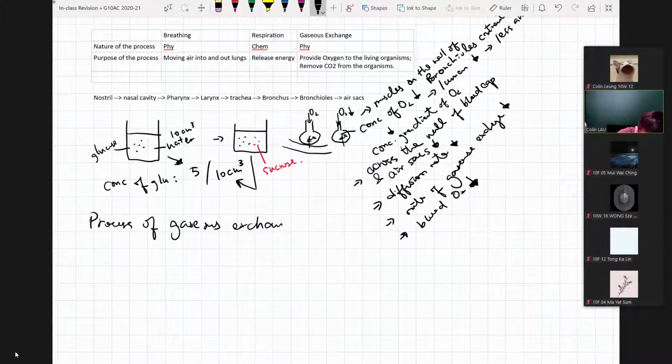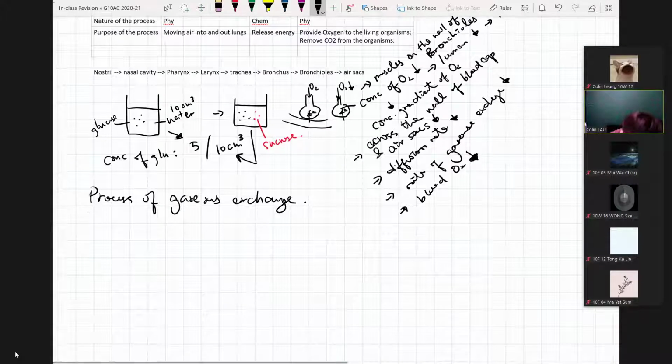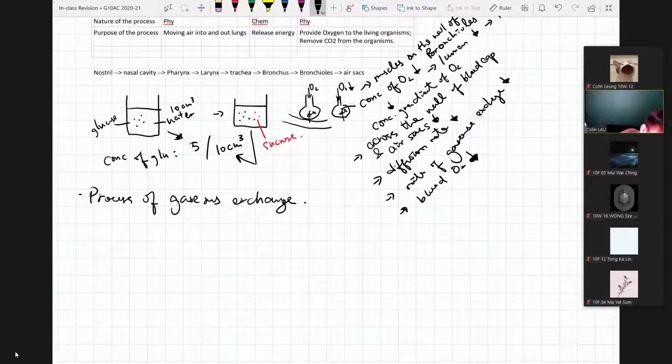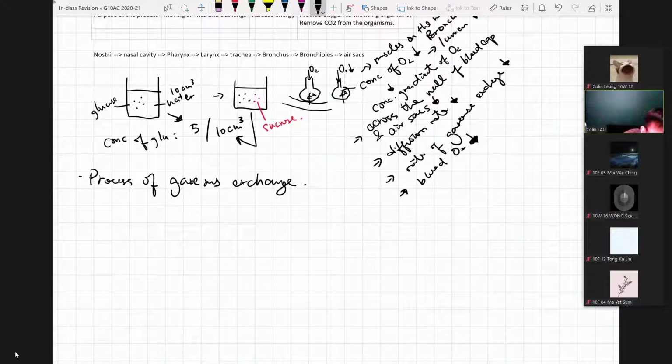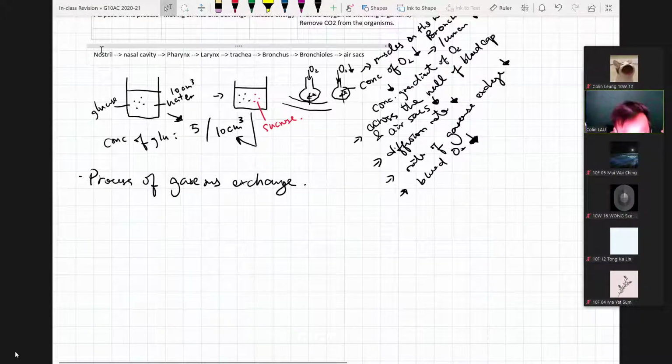That means 點樣 dissolve, diffuse 嗰啲咧，唔再同大家講啦，嗰啲大家自己睇下自己個 process 就得啦。After the oxygen move in to the blood, then how is the red blood cells? How is the oxygen being transported?